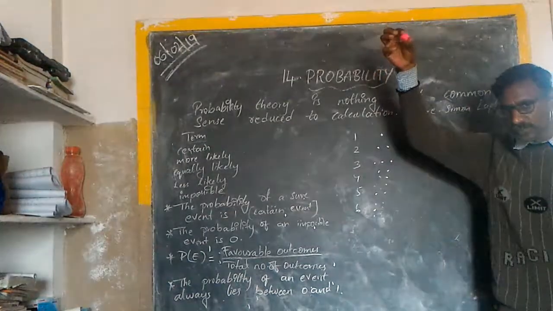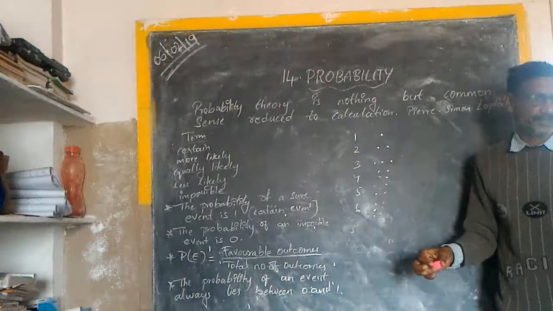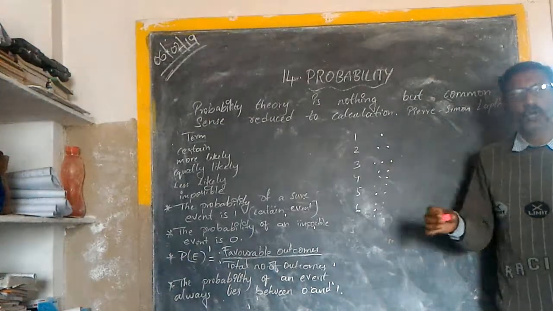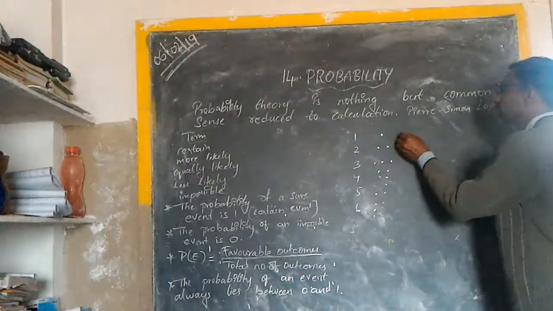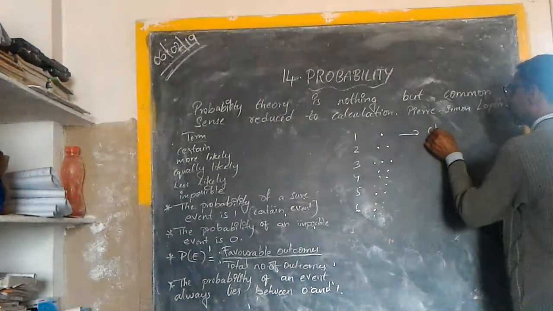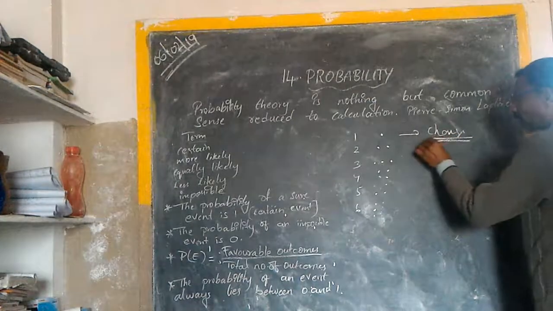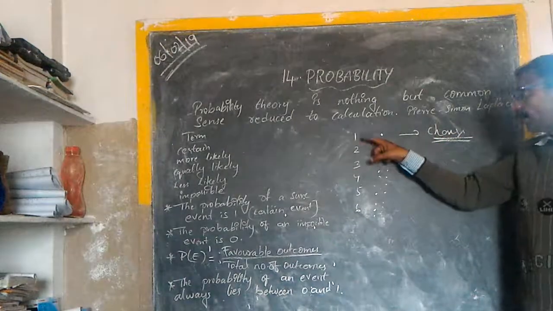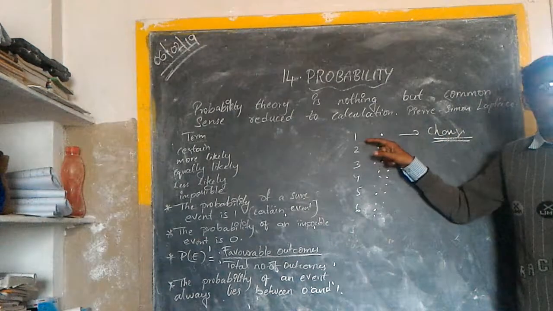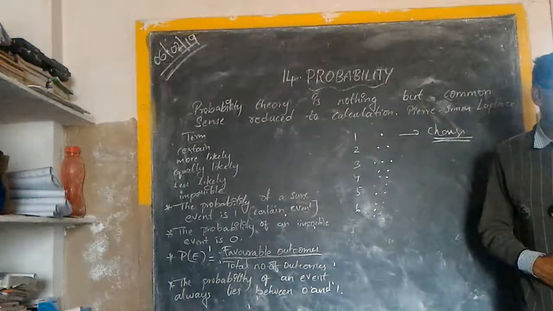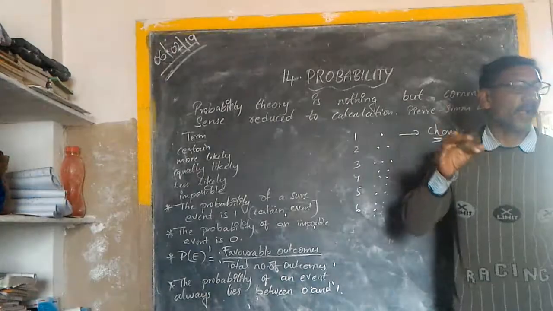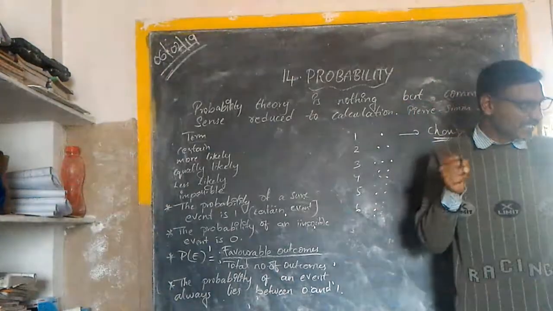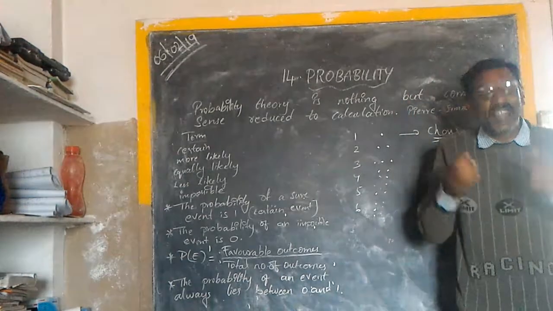So when it is coming down, no doubt at all, it shows any one of them. That is what you call a chance. This is one chance. 1 has one chance. At the same time 2 has the same chance, and 3 also has the same chance, and 4, 5 and 6 also have the same or equal chances.